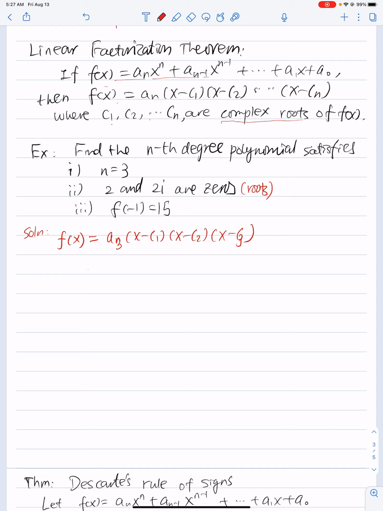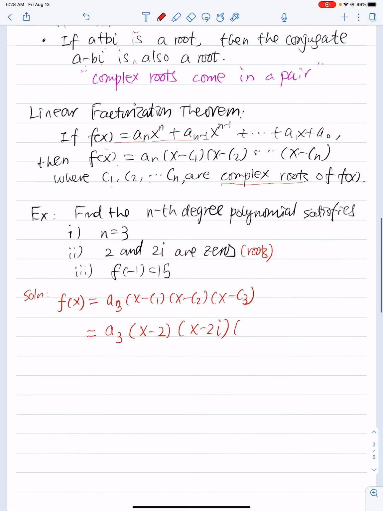Okay, so what information do we know? a_3 we do not know. Do we know c1? c1 is the root 2. c2 is 2i. Do we know c3? We do not know from the question, yeah? That's too sad. Could we find it?